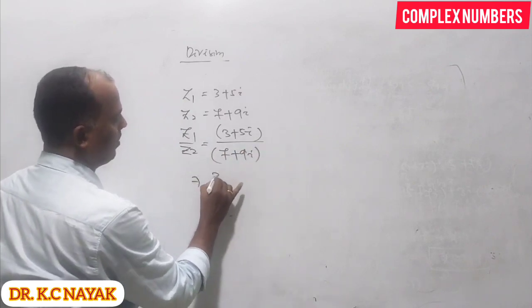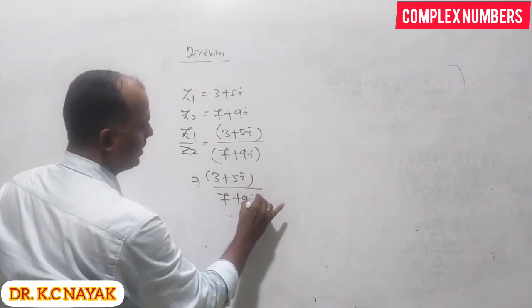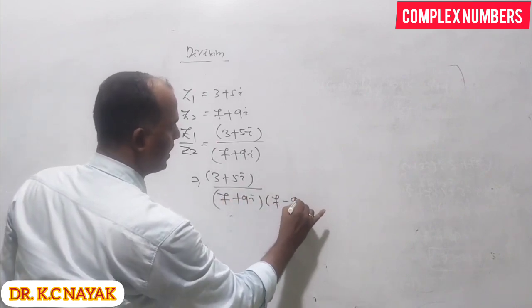Right? What is the conjugate of the denominator? 7 plus 9i, the conjugate is 7 minus 9i.